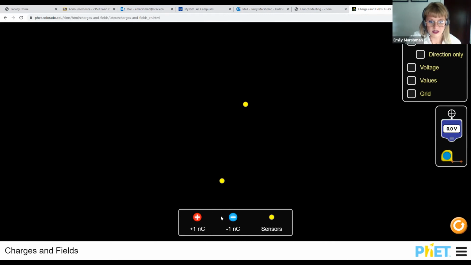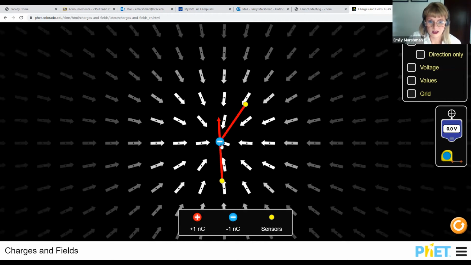Let's see what happens when I replace that with a negative charge. What do you think is going to happen? The electric field actually switches direction. Because if I put a positive test charge right here, this is now an attractive force. So the force points inward, and the electric field due to this negative charge points inward.